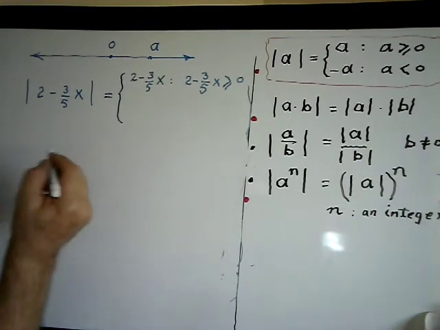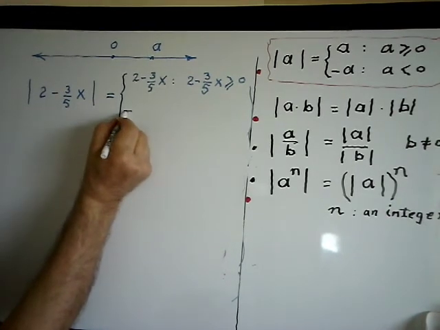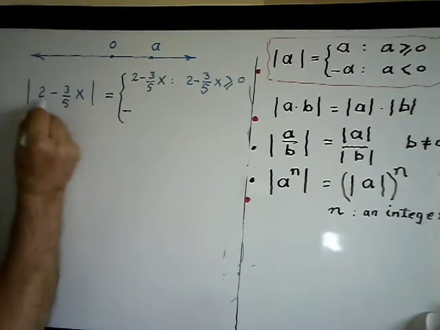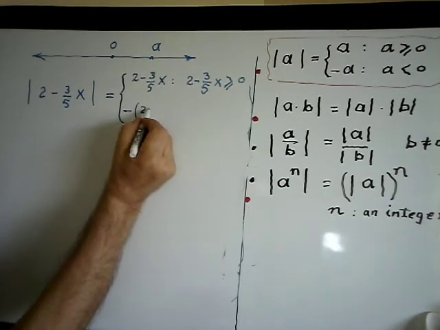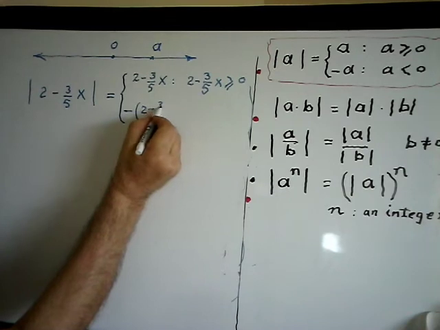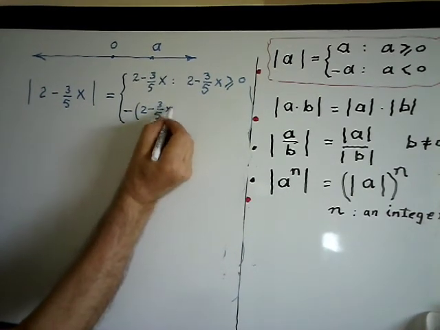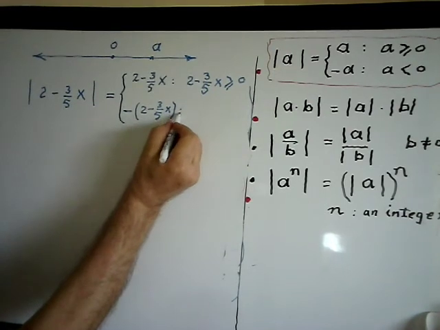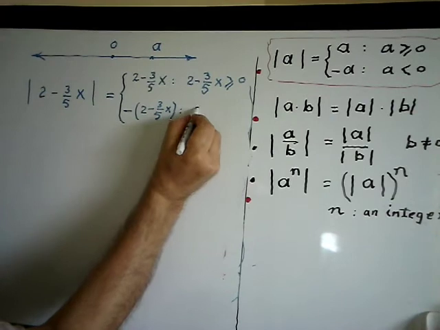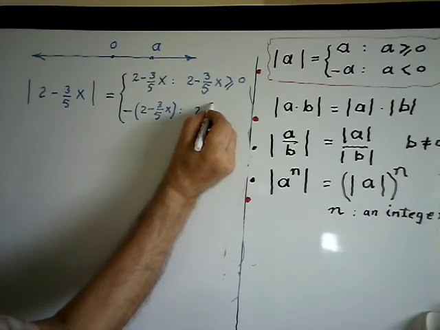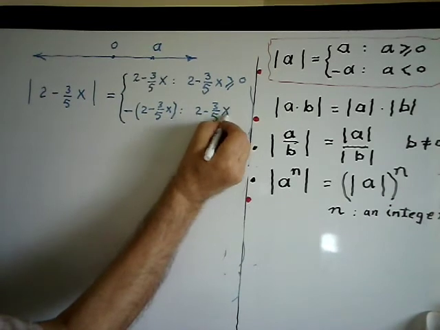The second case, just put negative in front of this quantity, 2 minus 3/5x, when this quantity is negative, when 2 minus 3/5x is negative.